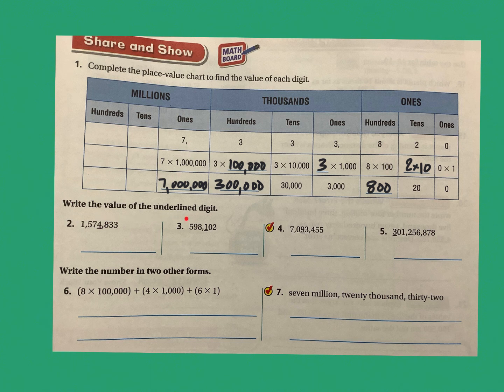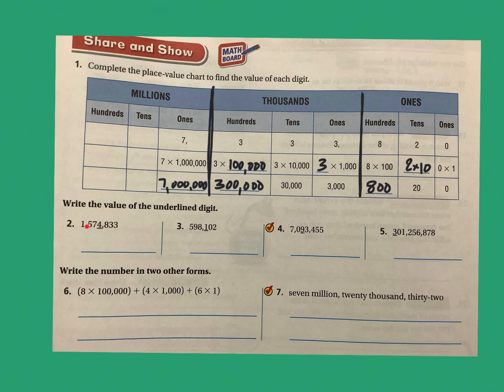Write the value of the underlined digit. I also want you to think to yourself and practice saying these, because I know that's hard at first. Remember, you say the 3 digits just like you would if it was just hundreds, but at the end of each period, you're going to say the name of that period, whether it's millions or thousands. So at each comma is where the period ends.